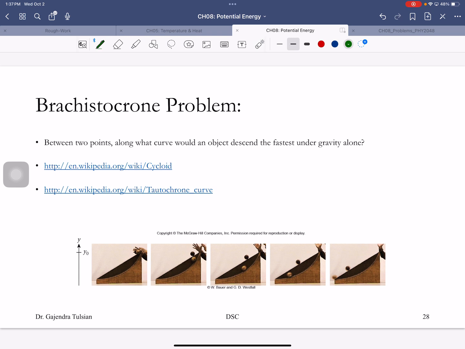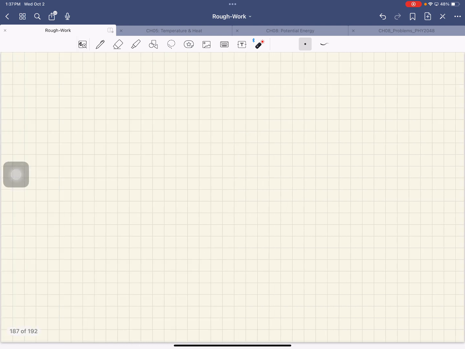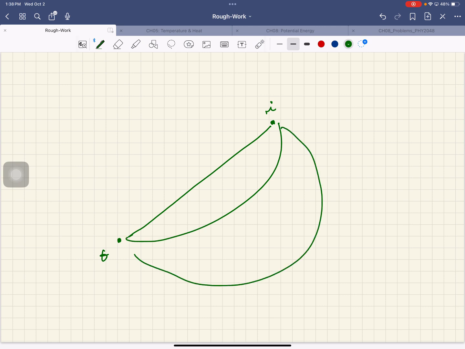This is an interesting problem. The problem is the following. You want to get from here to there under the influence of gravity and a normal force. What is the fastest way to get from here to there? Is this the fastest way? This is the fastest way. What is the fastest path?